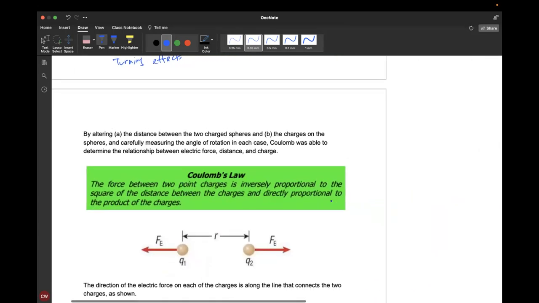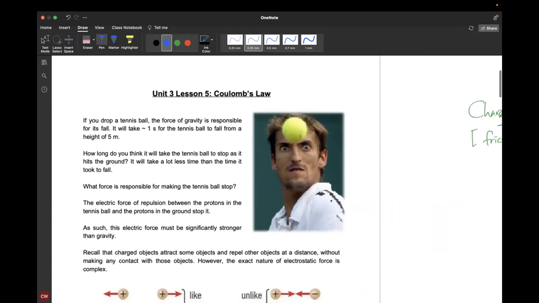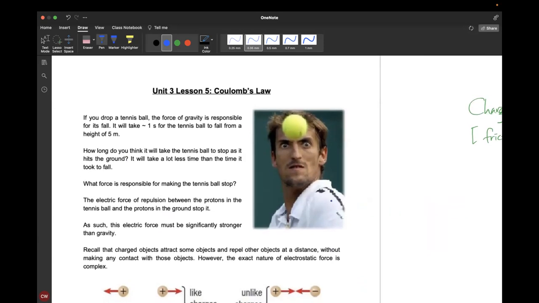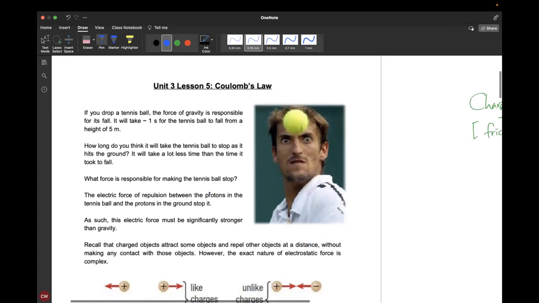Okay, let's go through the text together. If you drop a tennis ball, the force of gravity is responsible for the fall. It takes about 1 second for the ball to fall from a height of 1 meter. How long do you think it would take for the ball to stop when it hits the ground? It would take a lot less time than the time it took to fall. What force is responsible for making the tennis ball stop?